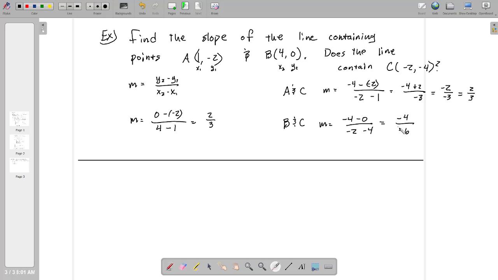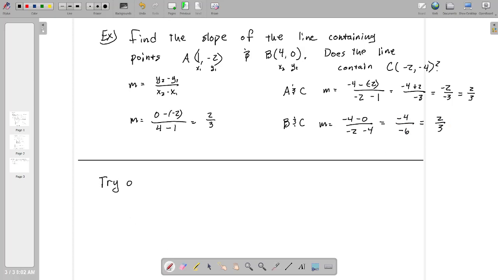So notice that the slope doesn't immediately look like 2/3. It still will reduce to 2/3. We can cancel the negatives and we end up with 4/6, and then we divide top and bottom by 2 and we get 2/3. So we still have the same slope. It might be a different form of the slope, but it is the same.